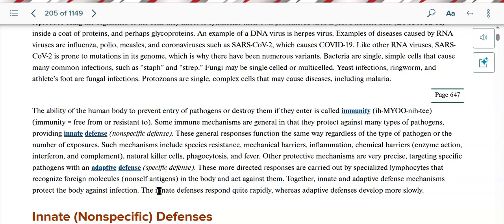And your body is supposed to know all of the markers on its own cells, what's called self antigens, so that it can realize when it sees a non-self antigen, it should take action against it. So together, the innate and the adaptive defense mechanisms protect us against infections. Innate defenses respond rapidly. Adaptive defenses develop more slowly.